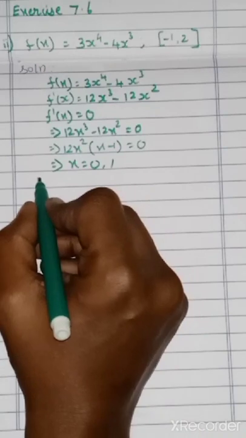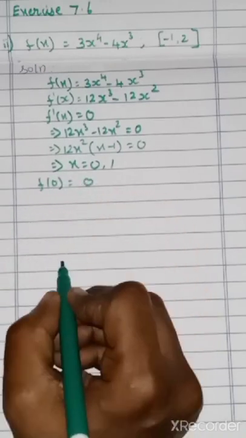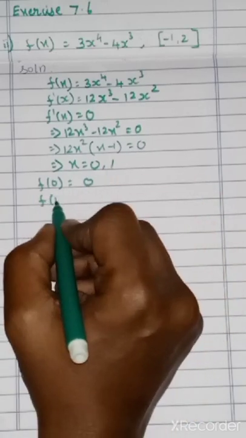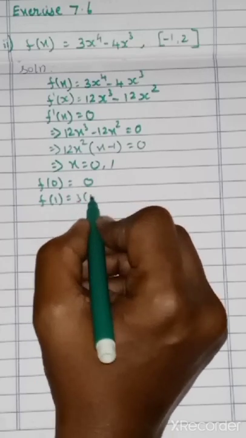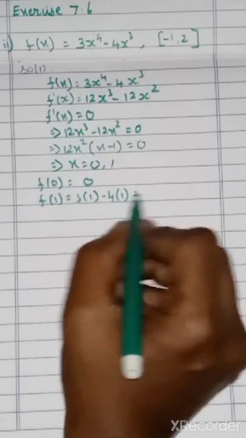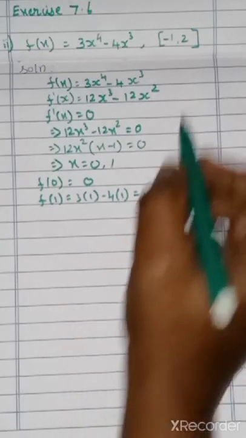Okay, so first we can find f of 0. If you put 0, the total is 0 anyhow. Next, we can put f of 1. f of 1 is 3 into 1 minus 4 into 1, which is equal to 3 minus 4, that is minus 1. Next, what value can we substitute? Minus 1.